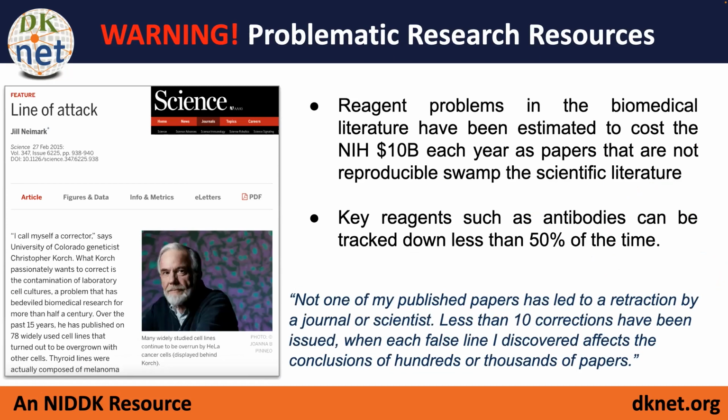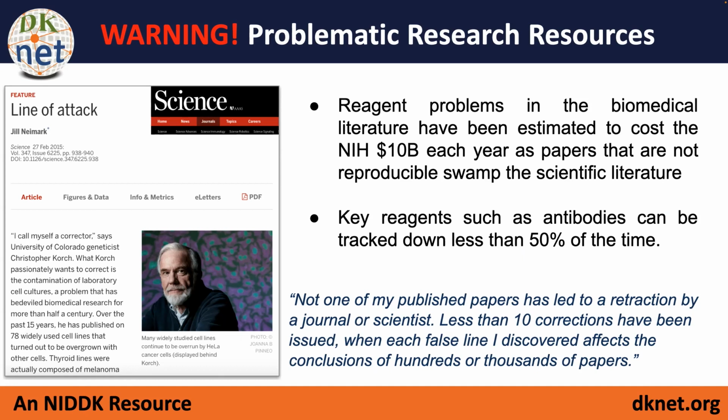And one of the main things that we have to worry about is problematic research resources. There are estimates that problems with reagents in the literature have been estimated to cost NIH a large amount of money, as papers that are not reproducible continue to come into the scientific literature.